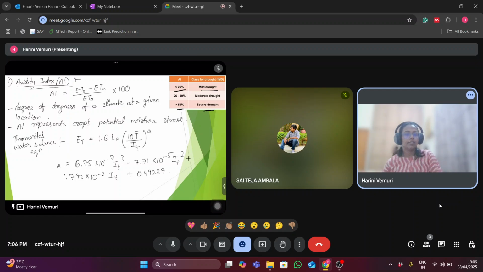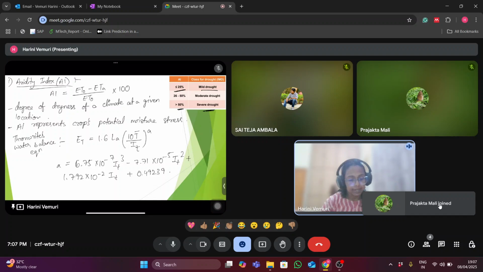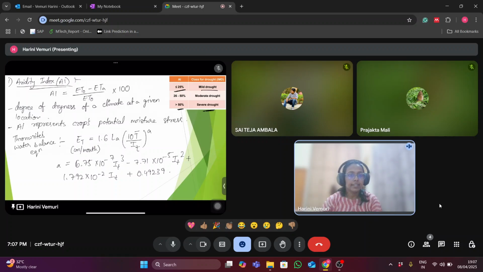So A is the empirical constant calculated using this. T bar is the mean monthly air temperature in degrees Celsius, and ET is evapotranspiration in centimeters per month. IT is the total of 12 monthly values of heat index, and LA is the adjustment for number of hours of daylight and days in a month related to the latitude of the place.